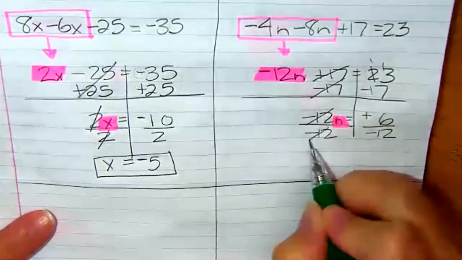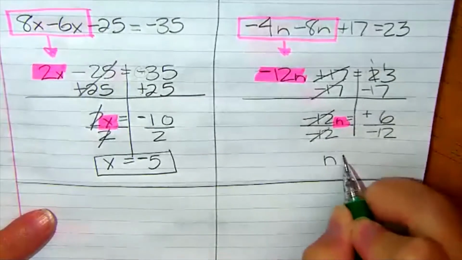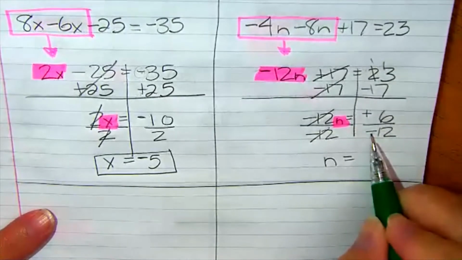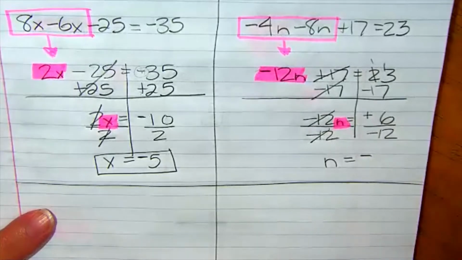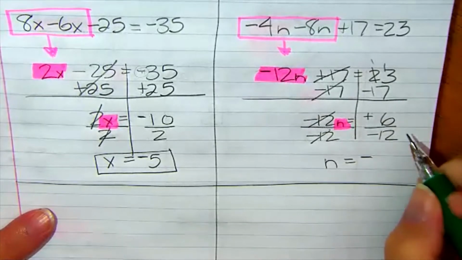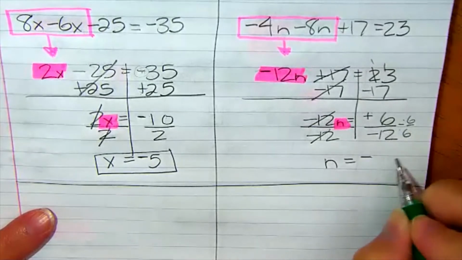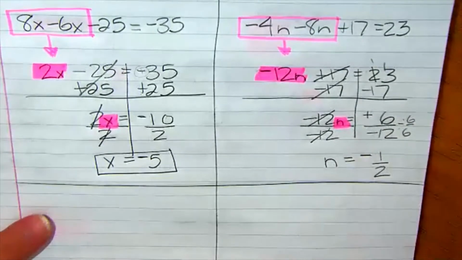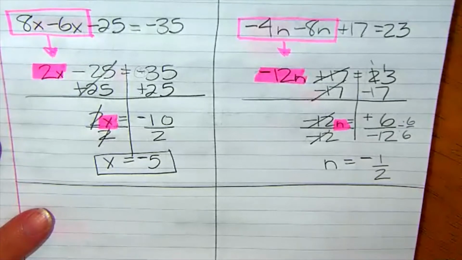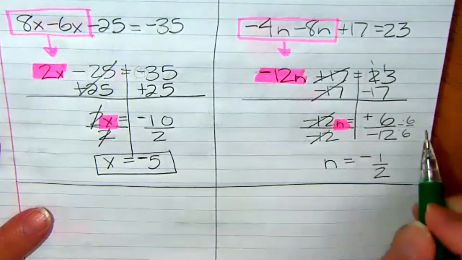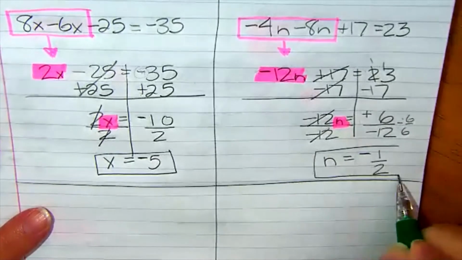My negative 12s cancel, and I'm left with n equals, I have a positive and a negative, so that's negative, and 6/12, this can be reduced, and it will be 1/2. So n equals negative 1/2.